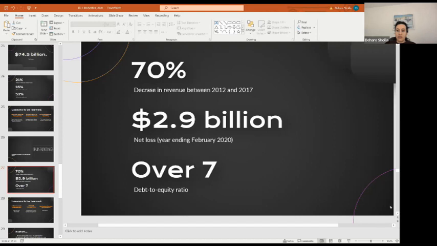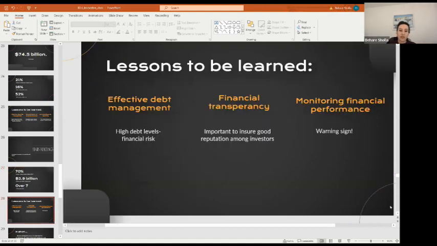And the high level of debt indicates, and I forgot to mention that this information can be derived from the balance sheet, that the company has a high level of debt related to the equity, and this increases the financial risk. So what we can learn from this is that effective debt management is crucial.